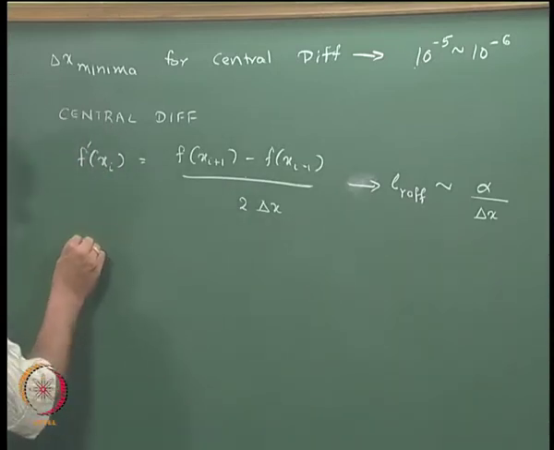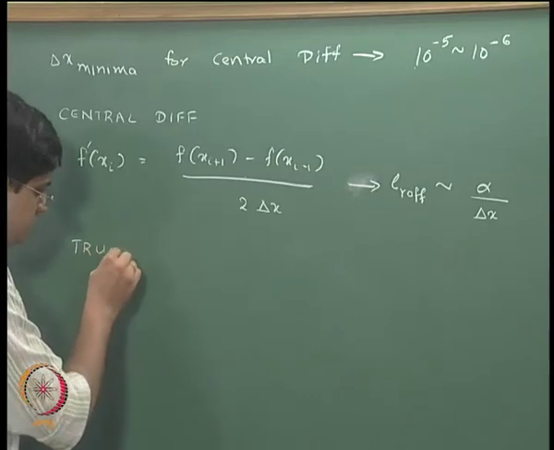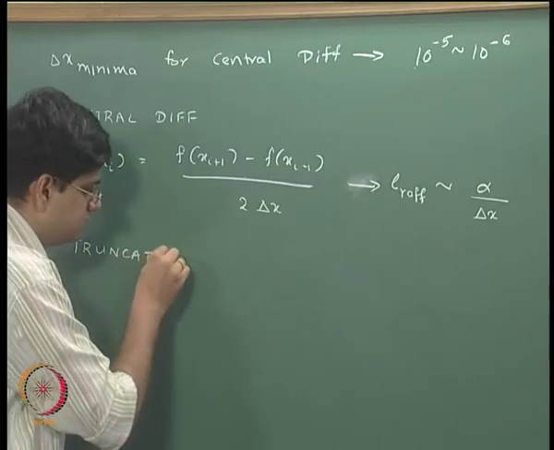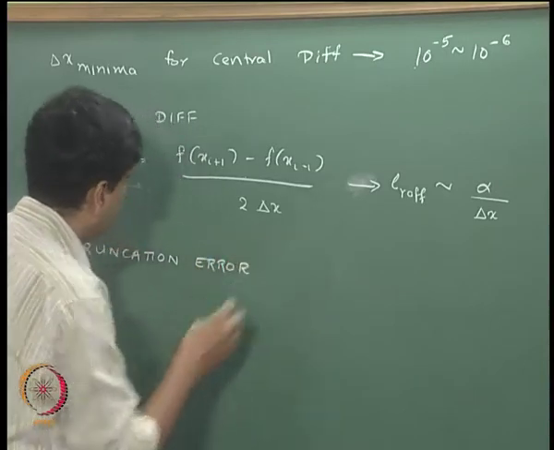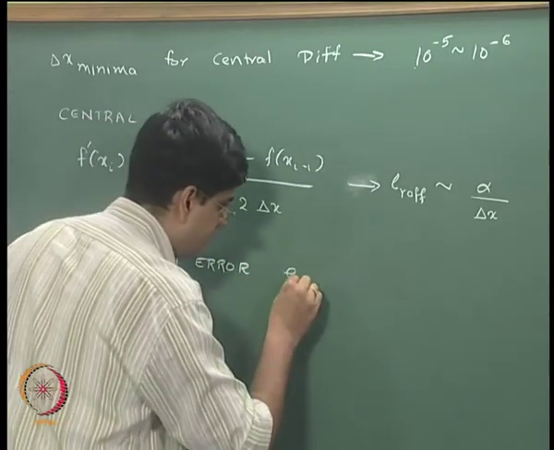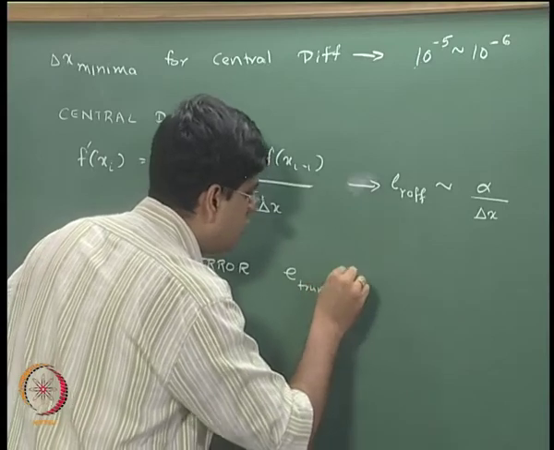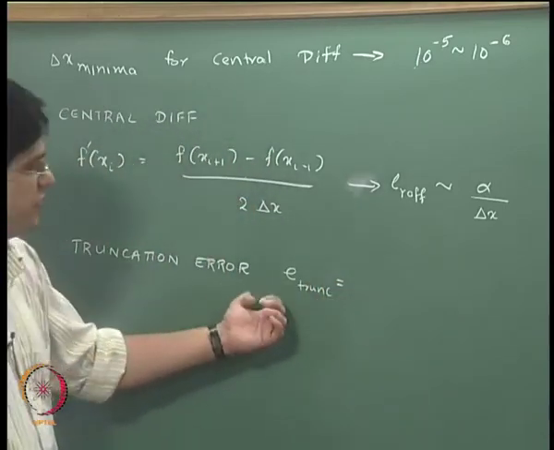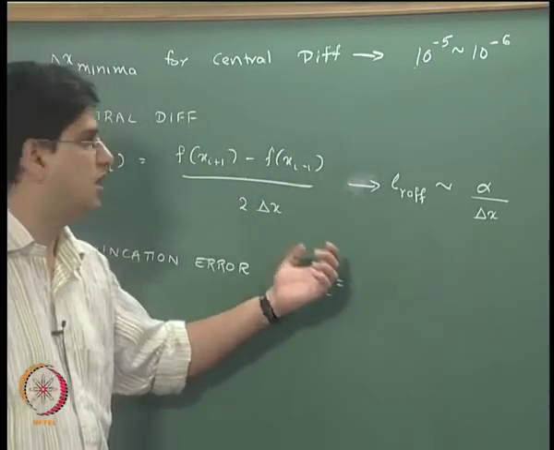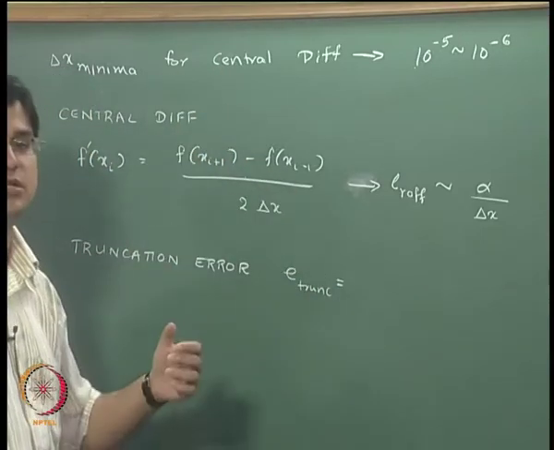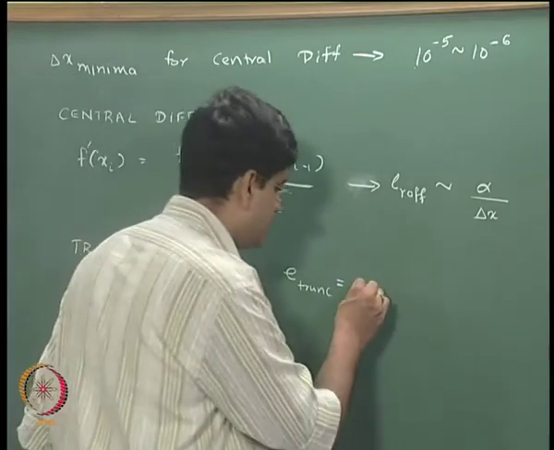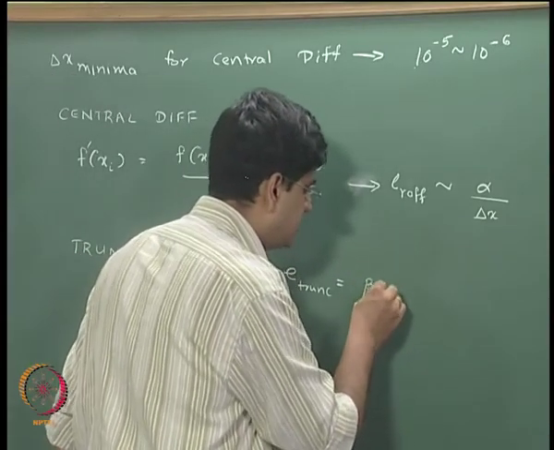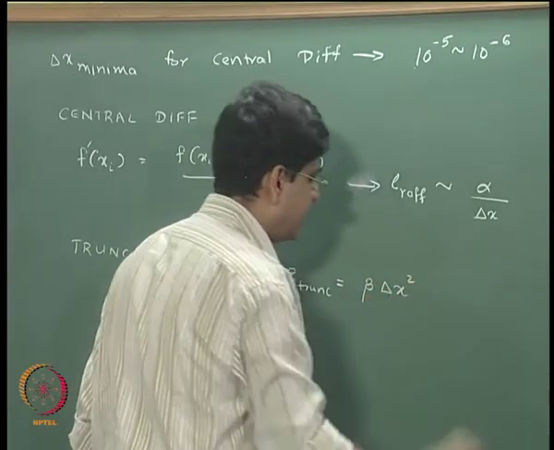The truncation error. If you recall, the central difference formula was second order accurate in delta x. So, the truncation error we can say is beta delta x squared.